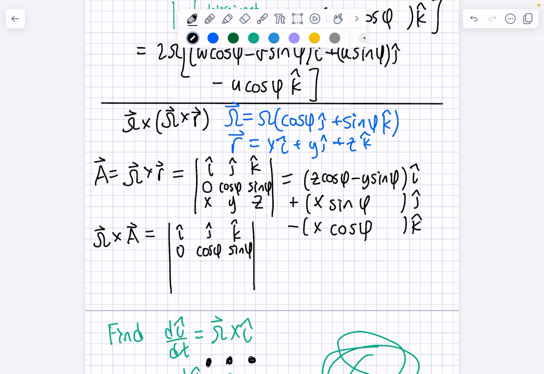So we'll get z cos phi minus y sine phi, x sine phi, minus x cos phi.